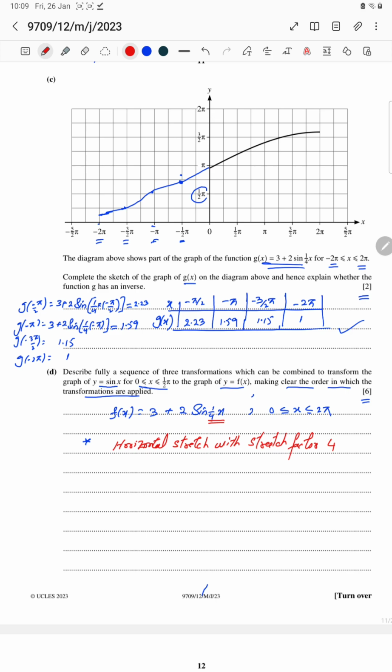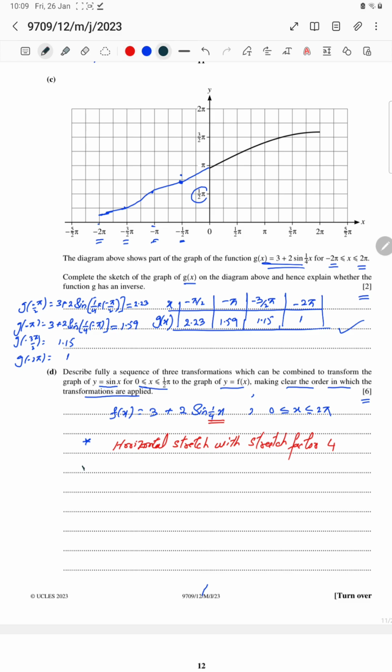For this, you need to revise all the transformation rules: stretch along the x-axis, stretch along the y-axis, that is vertical stretch, translation along the x-axis and y-axis, and reflection. These 3 cases you have to recall from the rules. In past videos, I have explained it.